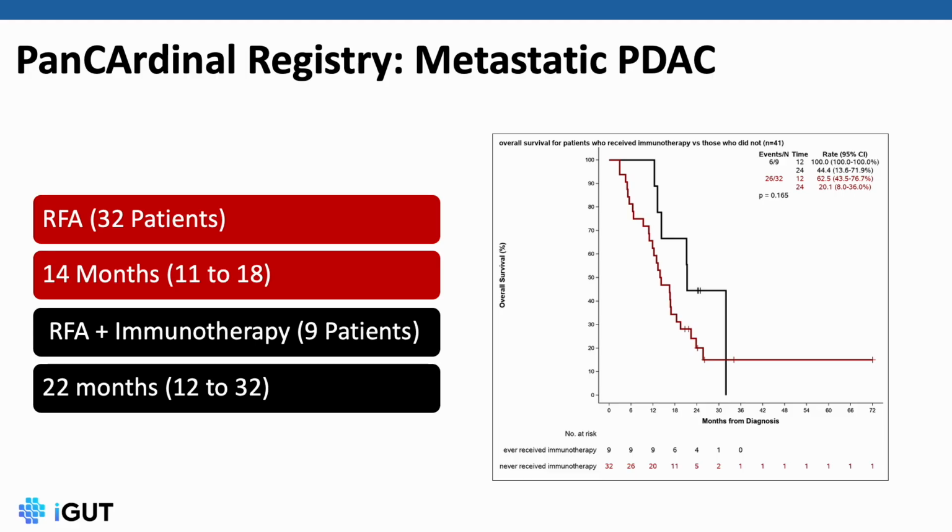So in this prospective registry, there were about 9 patients we were able to get compassionate use pembrolizumab. They got standard of care chemo, they got RFA, but we also added immunotherapy. If you look at the first 32 patients, survival is 14 months. But in the next group of patients, where they got immunotherapy on top of that, survival is increasing to 12 months.